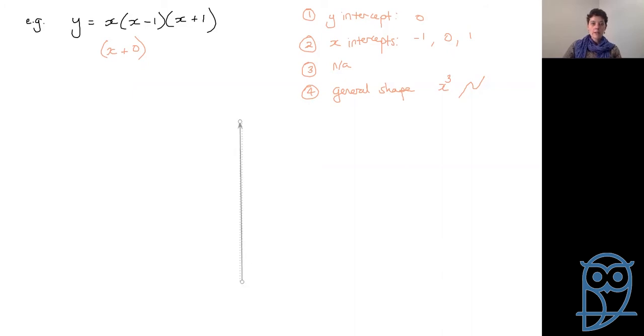Ruler and pencil giving us some axes to work with. Back to then a pen to label. We have y, we have x. We need a 0, we need a minus 1, and we need a 1.